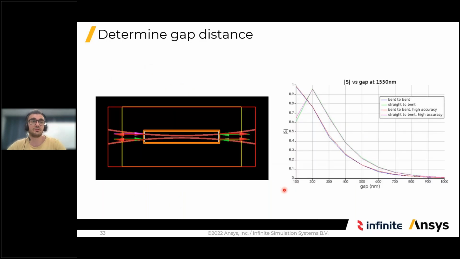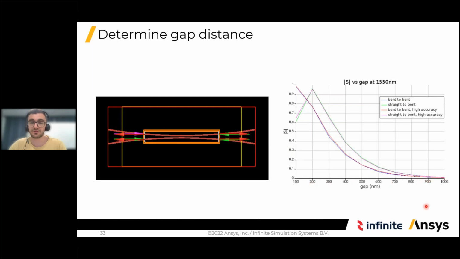Next, we are going to determine the gap distance between the waveguides. We do it both for the bend-to-bend waveguides and for the bend to the straight waveguides. So we make a model of these waveguides in FDTD, and then we do a sweep along different gap distances.